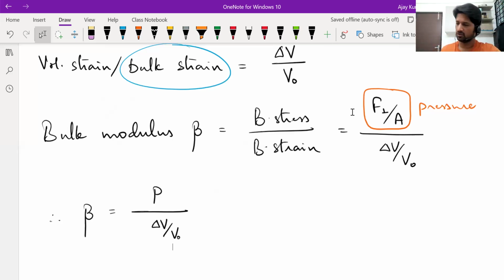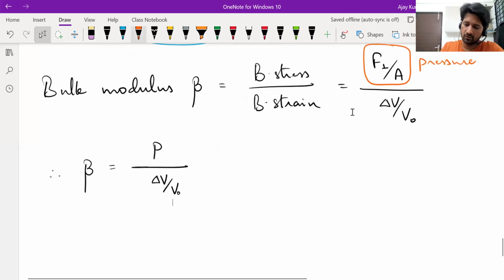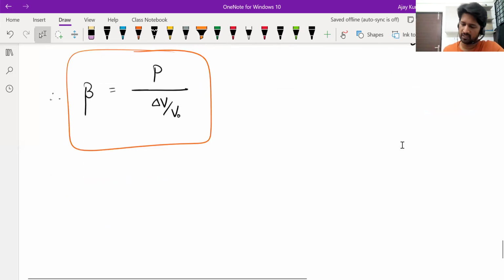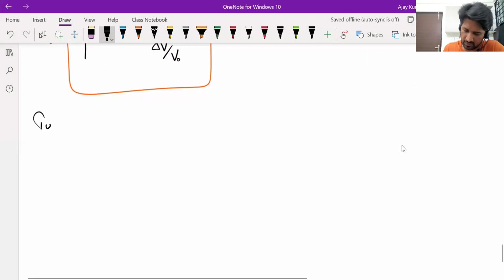So for bulk modulus, we don't use this formula. We don't directly say pressure by relative change in volume. A better formula would be, let me write it this way.